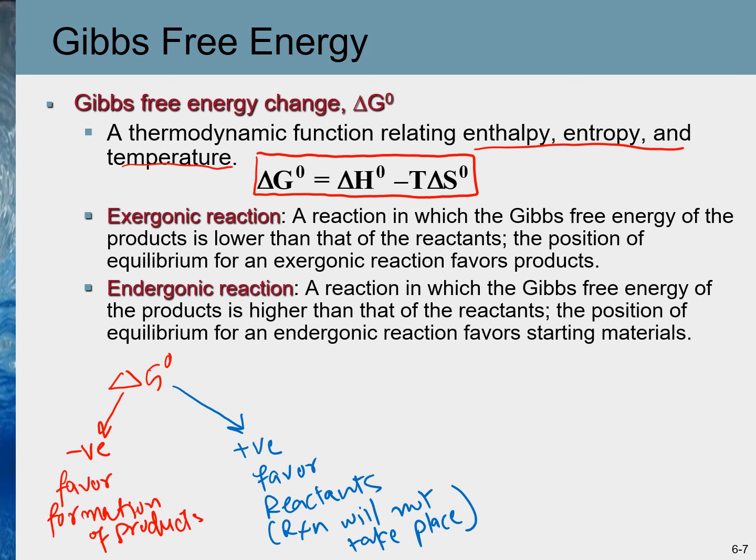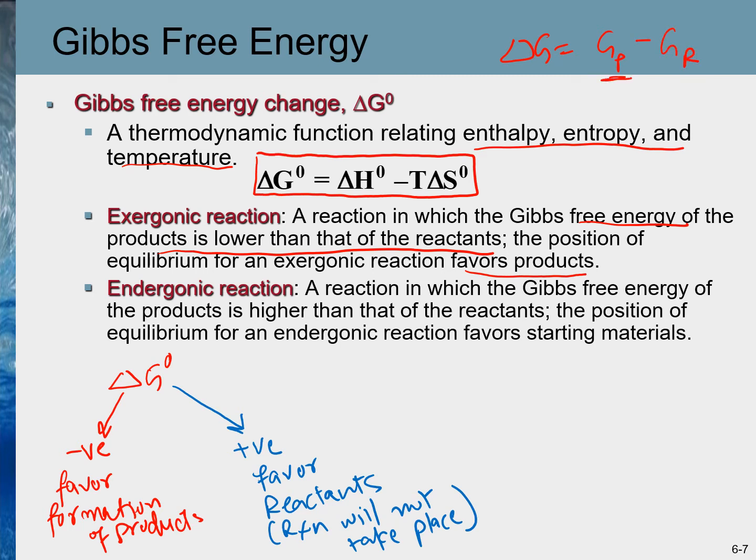Now the reactions in which the Gibbs free energy of product is lower than that of the reactants, in that case, the position of equilibrium will favor products. How? Remember, delta G is the free energy of product minus free energy of reactant.